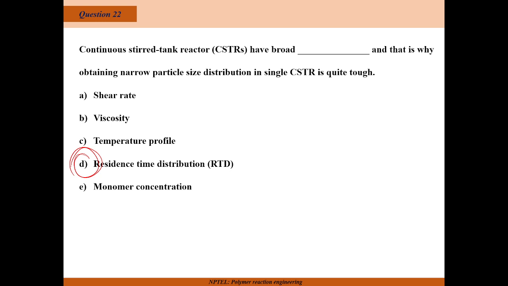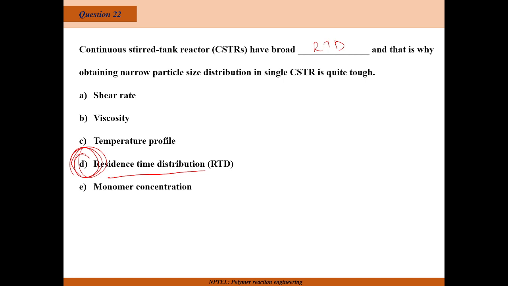So there is an uneven distribution of the time. Some particles stay much longer, and some pass through quickly. So the answer to this question is residence time distribution. A broad residence time distribution is why obtaining a narrow particle size distribution in a CSTR is quite tough.